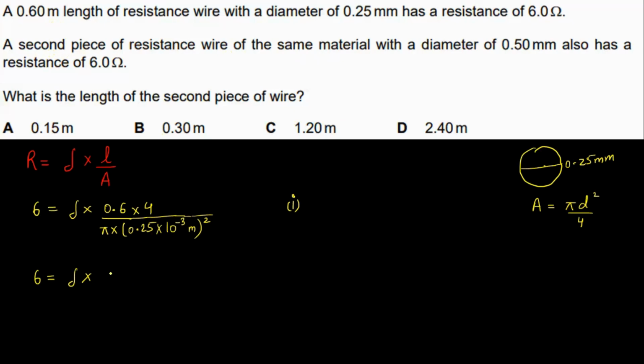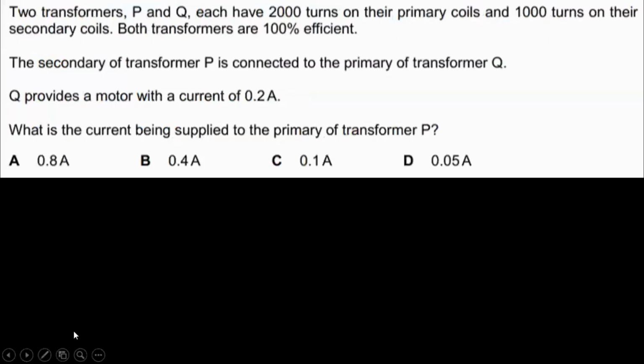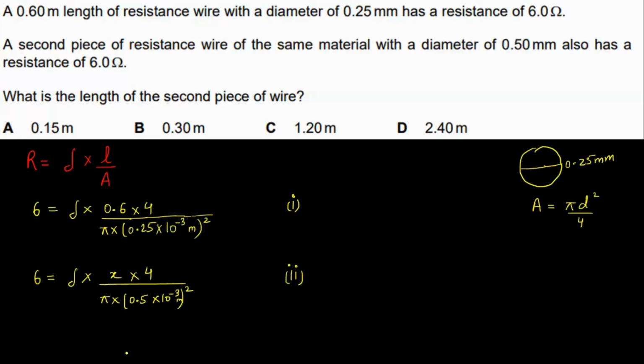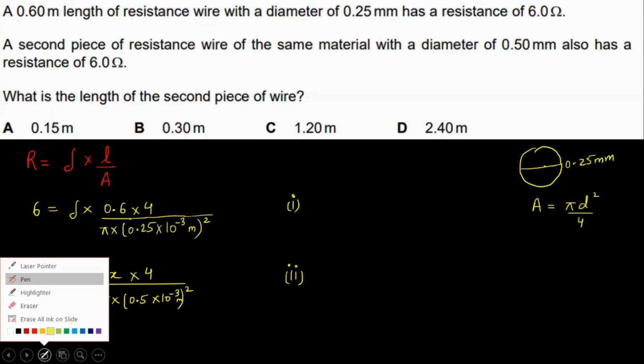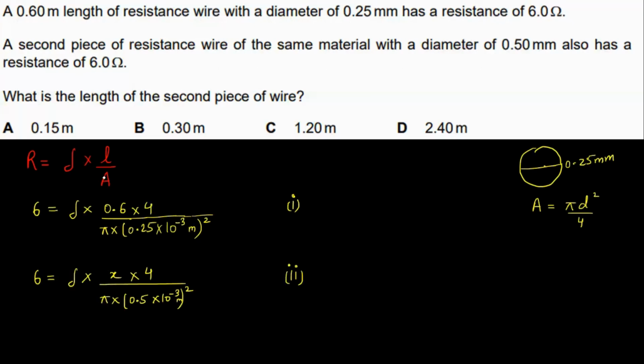I think we have to find the length, and similarly we have the cross-sectional area of the diameter pi into 0.5 into 10 to the power of minus 3 meter square into 4. This is the second equation. We have to find the value of x, which is the length of the second wire.